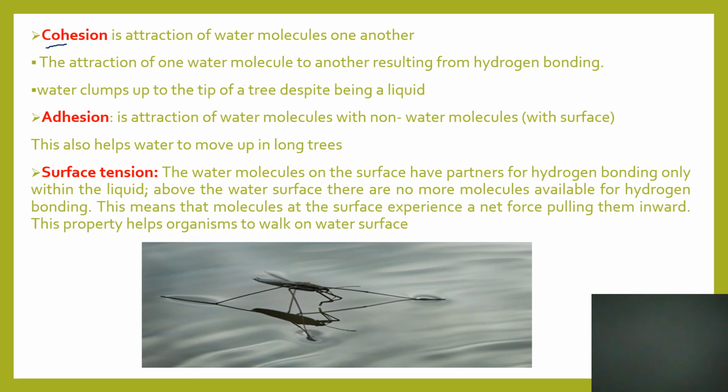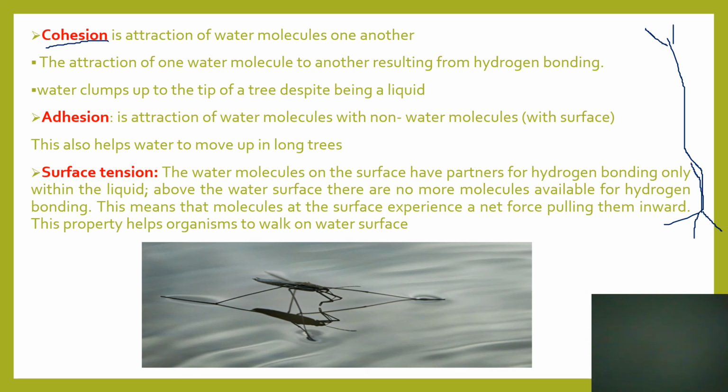Cohesion is another property of water. It is the attraction of water molecules to one another. If you think of tall trees, water is absorbed from the soil by the roots of the tree, but photosynthesis occurs in the leaves of the tree. So water is absorbed by the root.